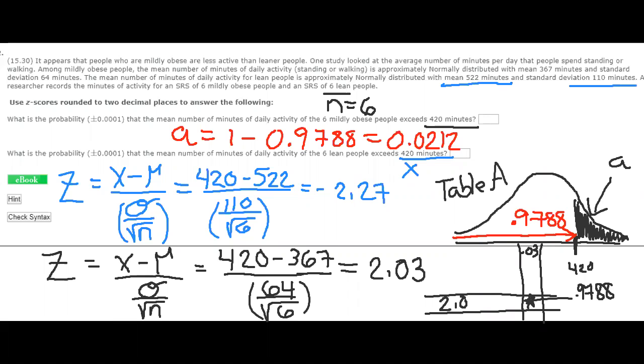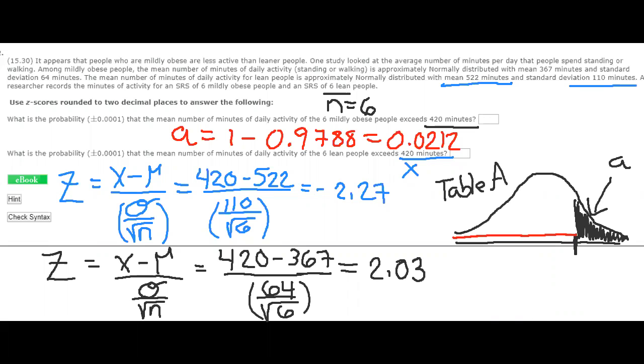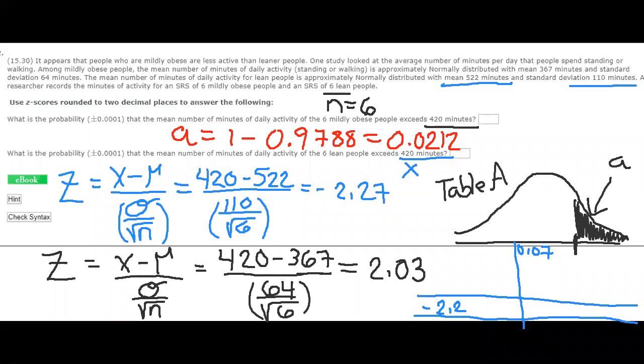For our table now, right, we're going to go to our table. I'm going to erase the red bit here. Okay. If we go to our table, this time we're going to a row that reads negative 2.2 and a column that reads 0.07, right?